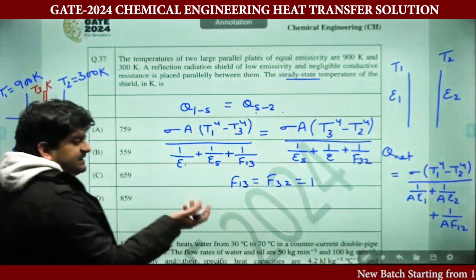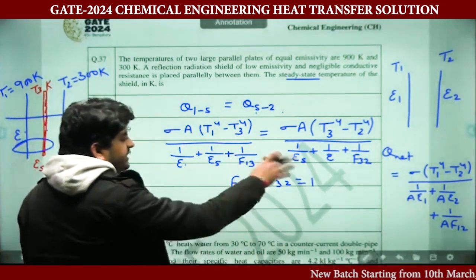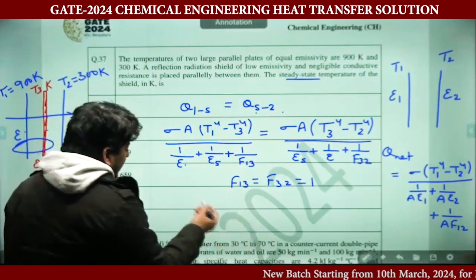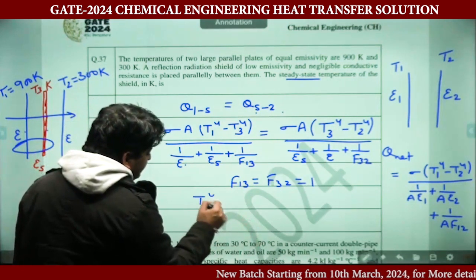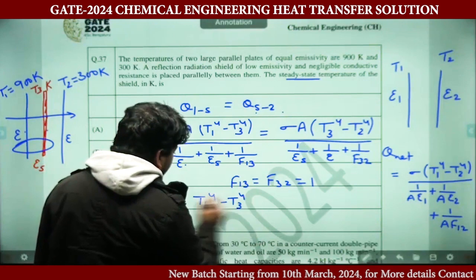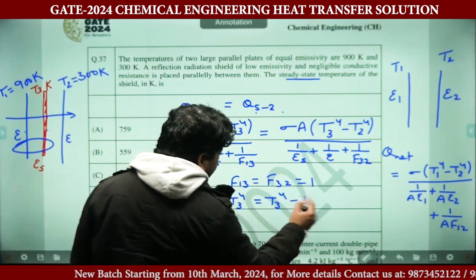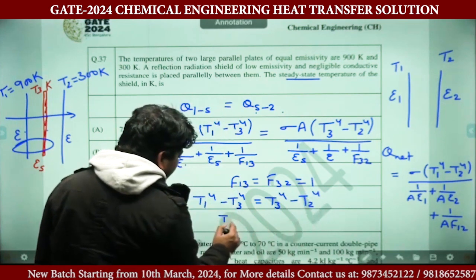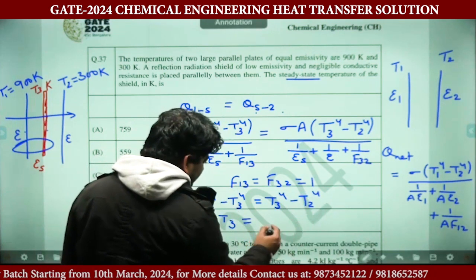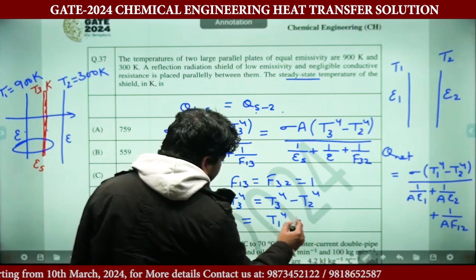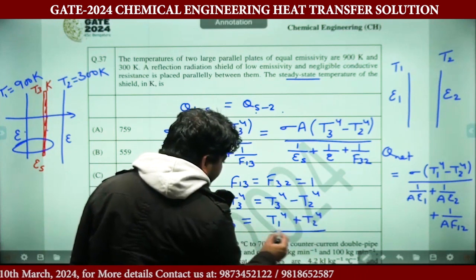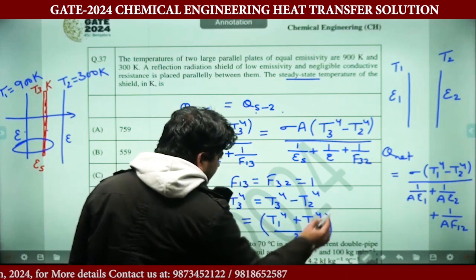Epsilon is same, epsilon s is same, so the denominator part will get cancelled, and ultimately we will be left with T1 power 4 minus T3 power 4 equal to T3 power 4 minus T2 power 4. So you can write T3 is equal to ((T1 power 4 plus T2 power 4) divided by 2) whole power 1 by 4.